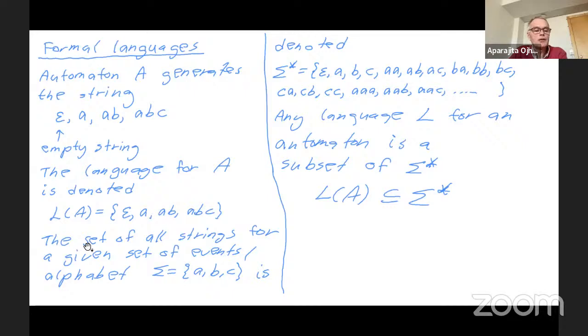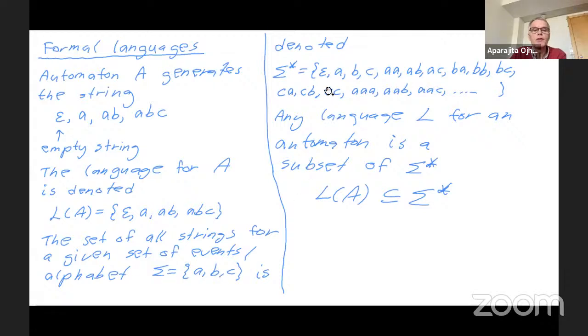Then we need to also introduce something we call the set of all strings for a given set of events. In this case, the alphabet sigma is ABC. And the set of all strings you can generate by ABC, or a general set of events sigma, is called sigma star. And sigma star then generates all possible combinations of words based on these events ABC.